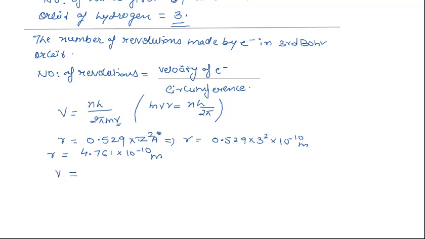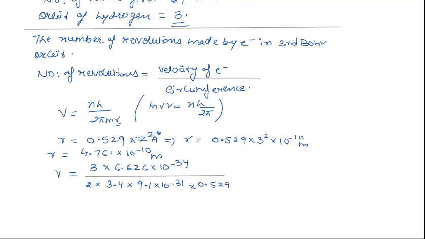So the velocity will be equal to n, that is 3, multiplied by 6.626 into 10 to the power minus 34, that is the Planck's constant, divided by 2 into 3.14 into 9.1 into 10 to the power minus 31 into the radius, 4.761 into 10 to the power minus 10.